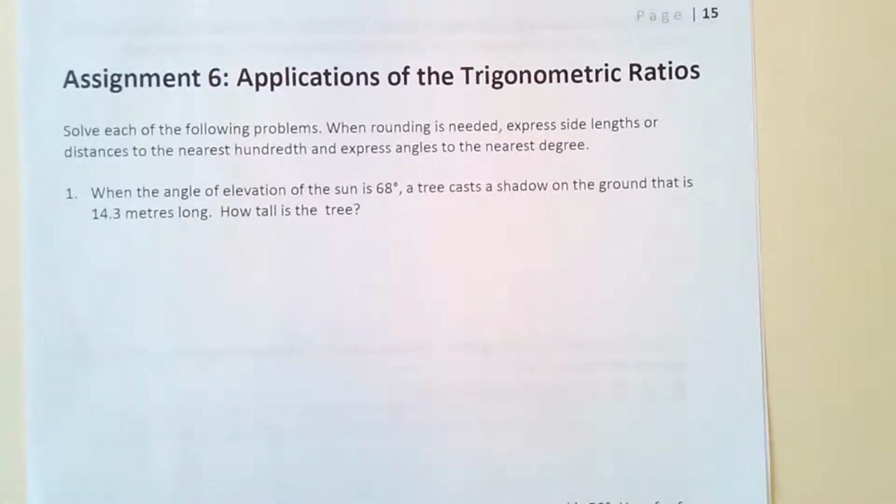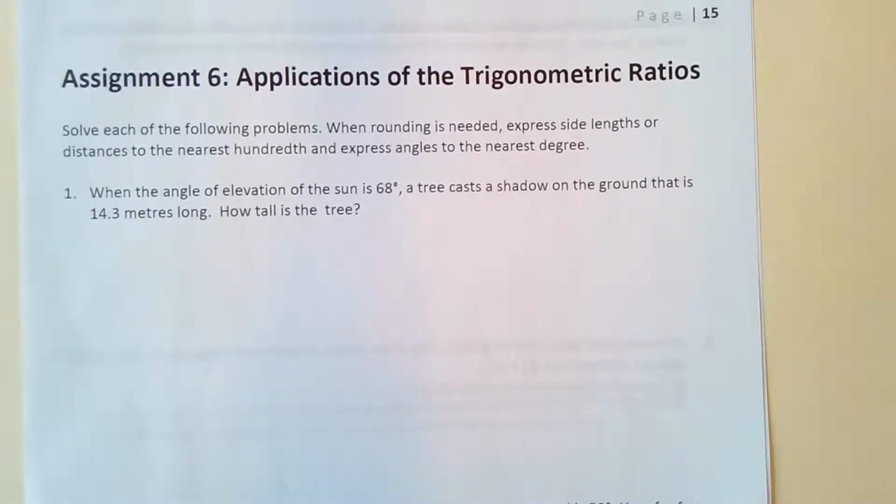The first question asks you to solve each of the following questions. When rounding is needed, express side lengths or distances to the nearest hundredths and express angles to the nearest degree. Even though it's set to the nearest degree, I'll continue to round to 2 decimal places, or hundredths.